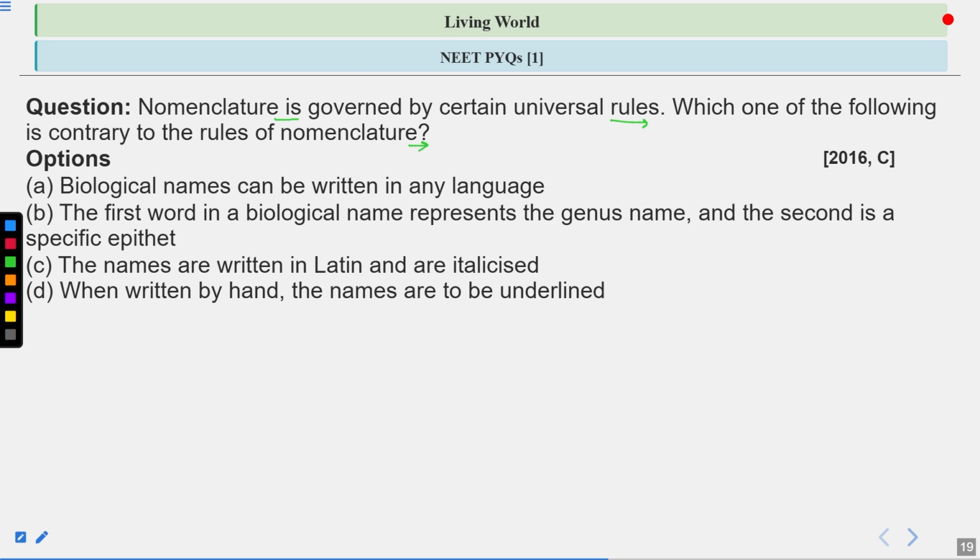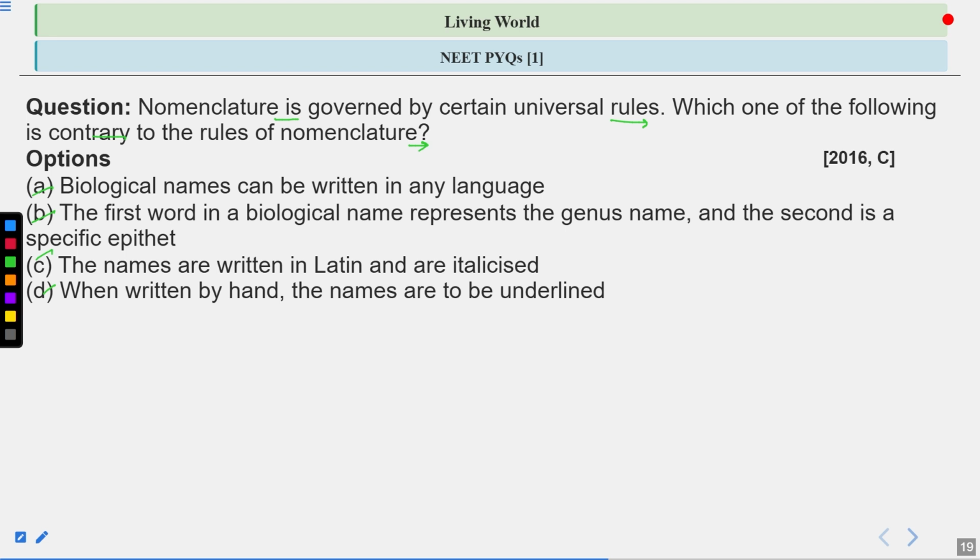Scientific names are written according to the principles and criteria set by agencies like ICBN and ICZN. And what are the rules of nomenclature? If you know the rules of nomenclature, then you can answer this question. Here you have to find a point or a rule which is contrary to the rules of nomenclature.